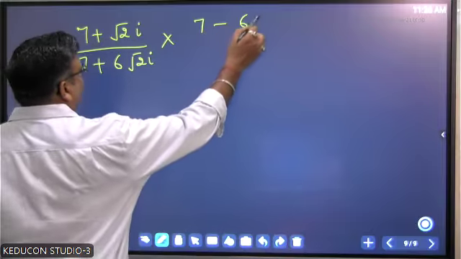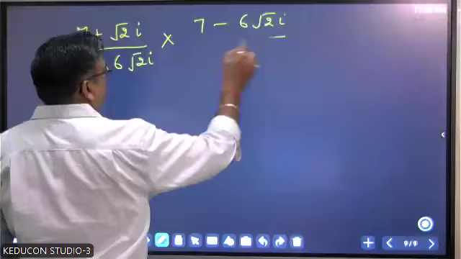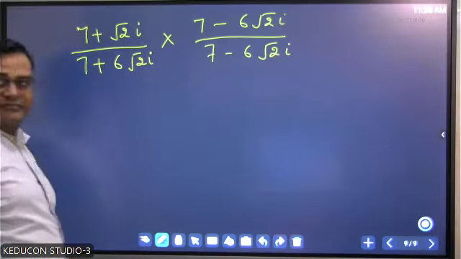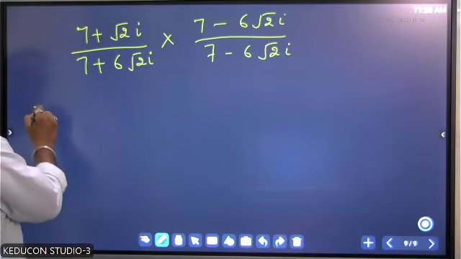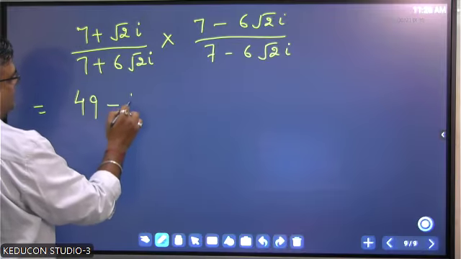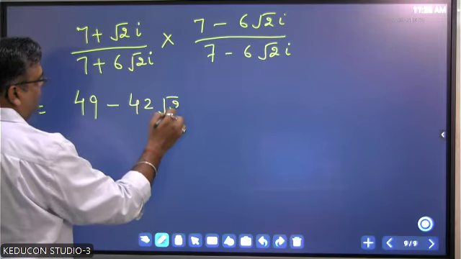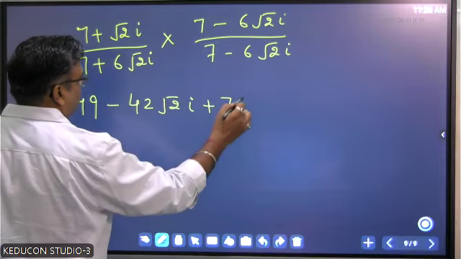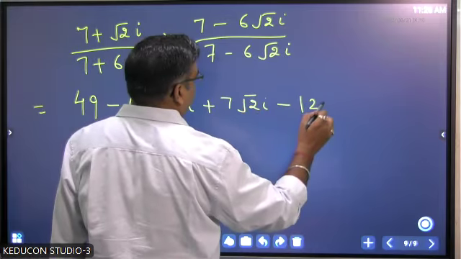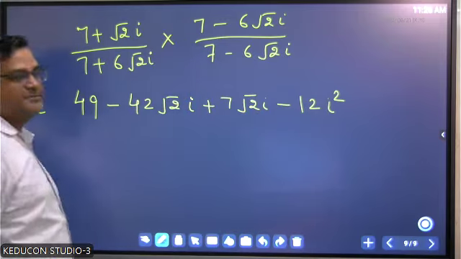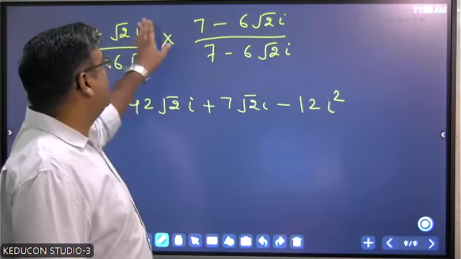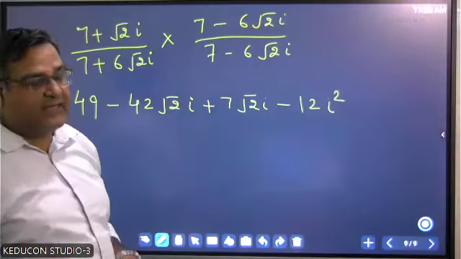So what does it become? 7 7s are 49, minus 42 root 2 iota, plus 7 root 2 iota, minus 6 root 2 into root 2 iota square. Root 2 into root 2 will be 2, and 2 into 6 is 12 iota square.